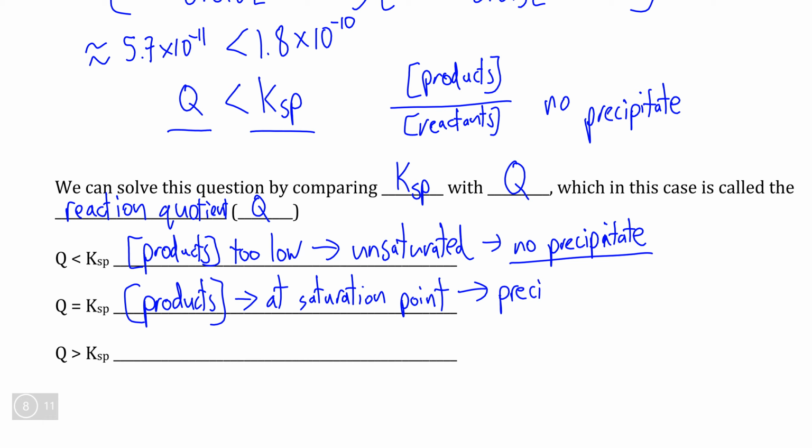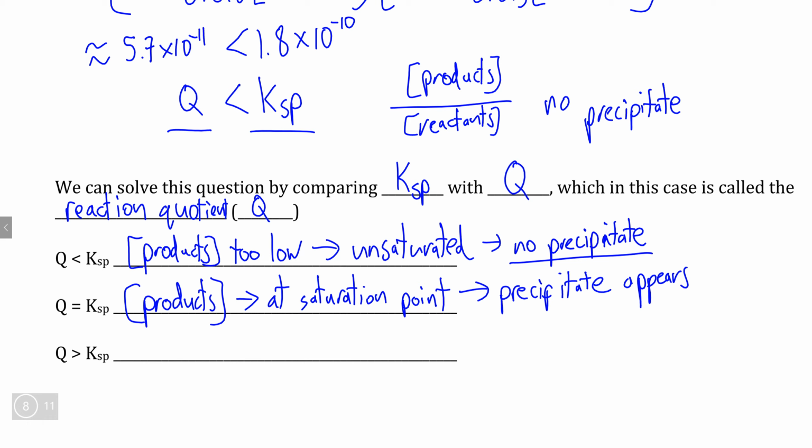So at this point, we can say that our precipitate is actually going to appear right when we are at the saturation point, when the concentration of products is exactly equal to what KSP would say they would be.